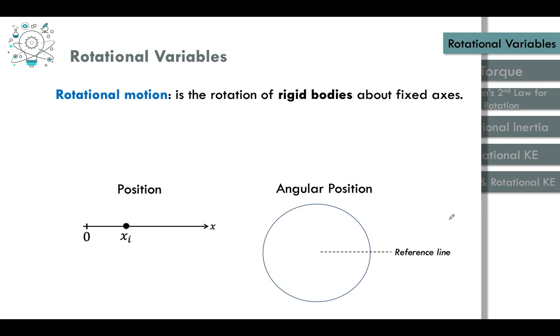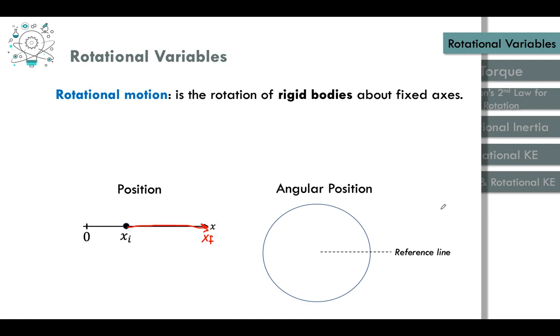Rotational motion can be described using the same kinematic values as translational or linear motion. We're looking for position or change in position. In terms of translational motion, we take that straight line distance from where we start to where we end, and that gives us delta x.